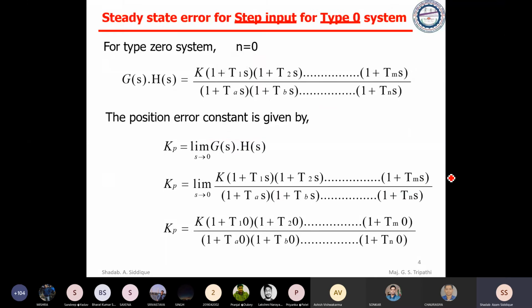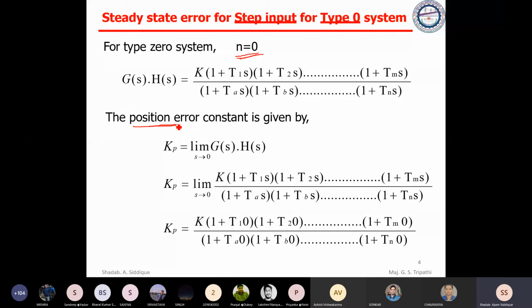So for a type 0 system, n should be equal to 0. If we have a type 0 system, then we can find the position error constant, and the other constants also. See, we have taken a standard form. We have not taken any specific problem.